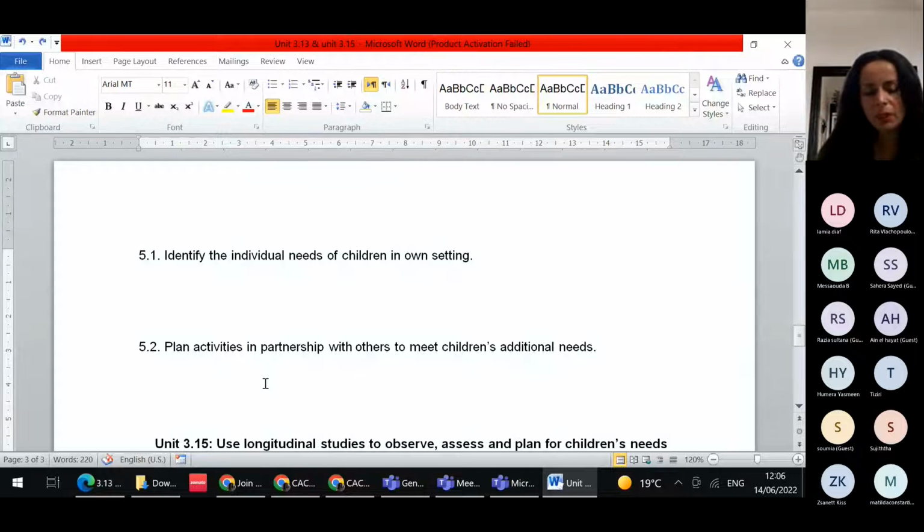So to plan activities in partnership with others, I say, in my nursery, I always monitor and observe the child's progress. As soon as I spot any problem with the child's progress, what I should do is speak to their parents, and then take their permission to speak to professionals, get more information about their situation and how we can support the child.